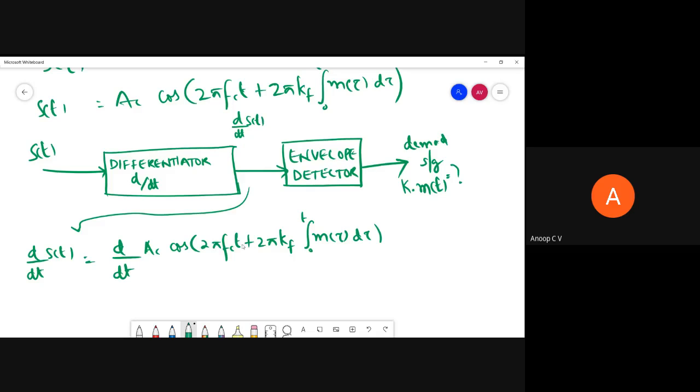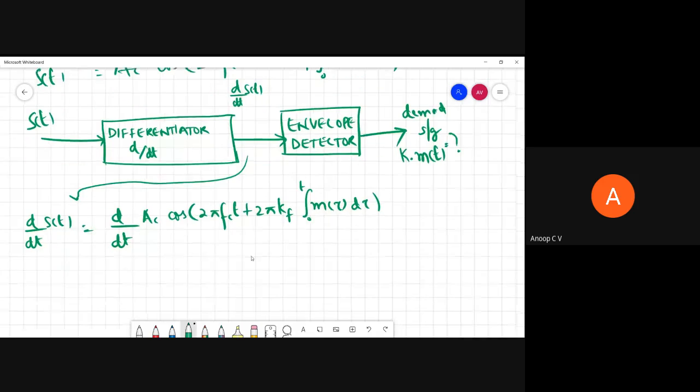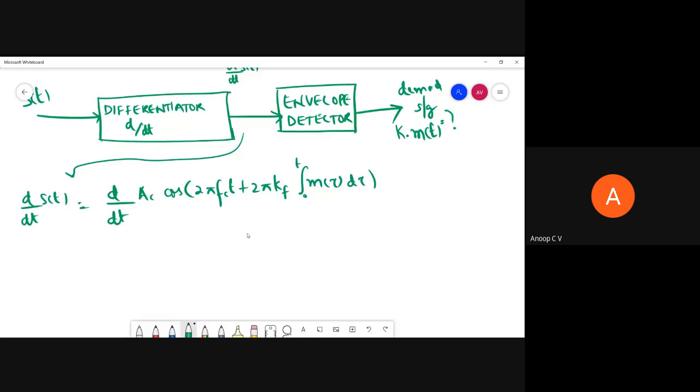So what is this derivative? It is d by dt of AC cos something. What is the derivative of cosine? Is it plus sign or minus sign?